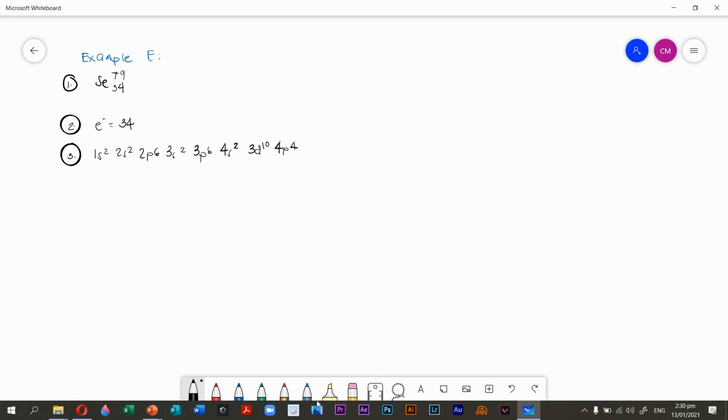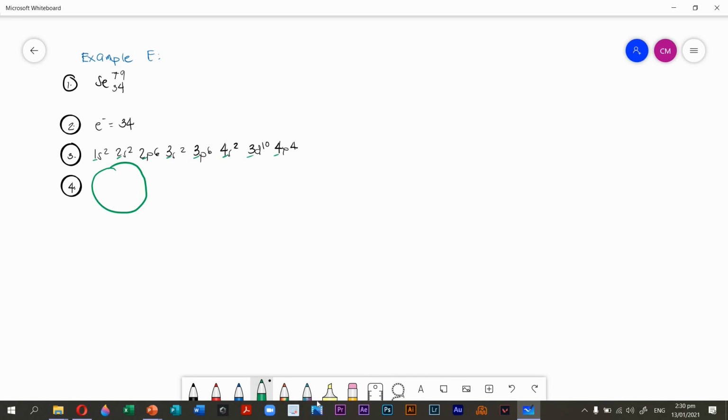Okay, so for the fourth step, we will be drawing the nucleus for selenium, and the number of energy levels present in selenium. So we have how many energy levels? We have 1. These 2 represent the second energy level. 3. We have 4 energy levels.